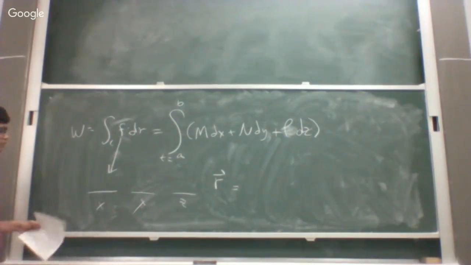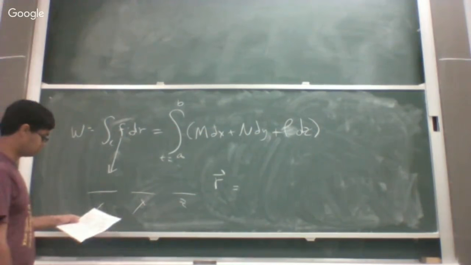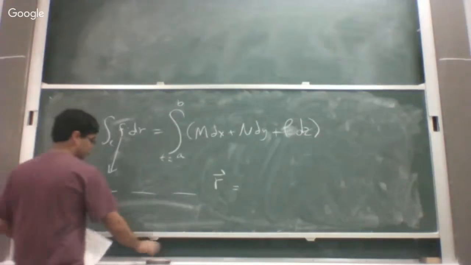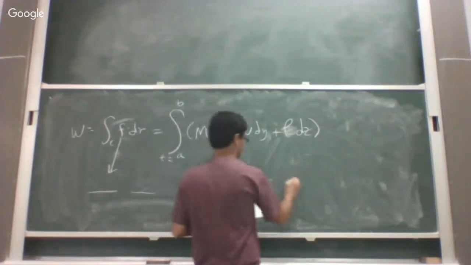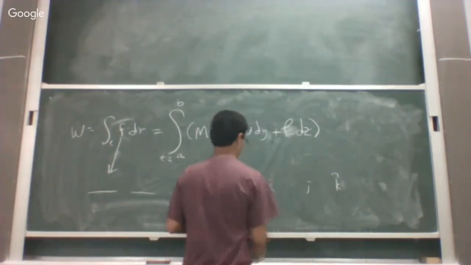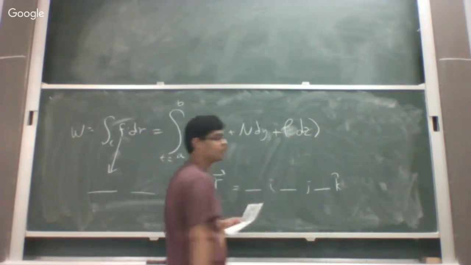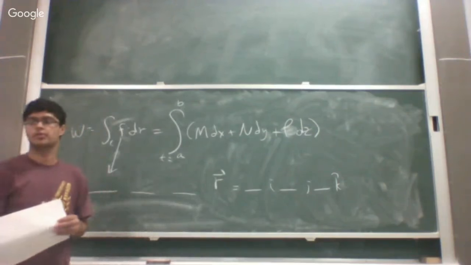You get your x, y, z components from the r equation, for the curve.